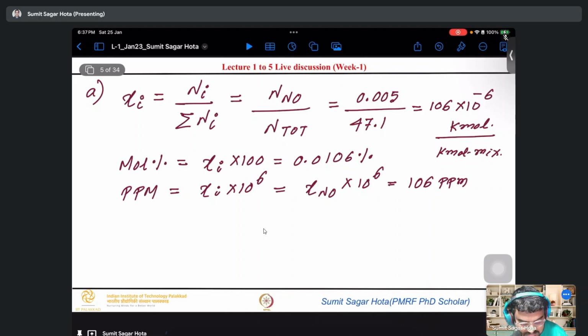Similarly, for all the species we can calculate the mole fraction in the same manner.